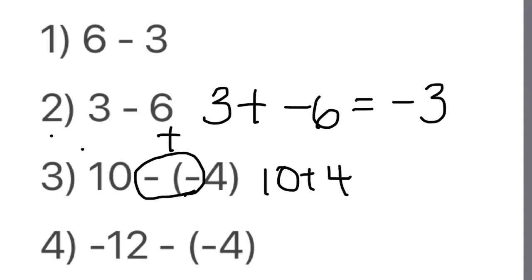Even if you didn't use that strategy and you used keep, change, flip, your problem would turn out to be 10 plus 4. It's just a shortcut for keep, change, flip. 10 plus 4 is 14. So 10 minus negative 4 is also 14. Pause the video and try number 4 on your desk.